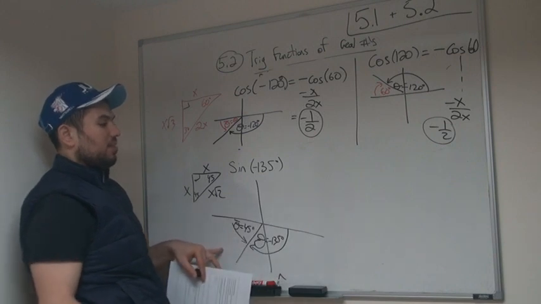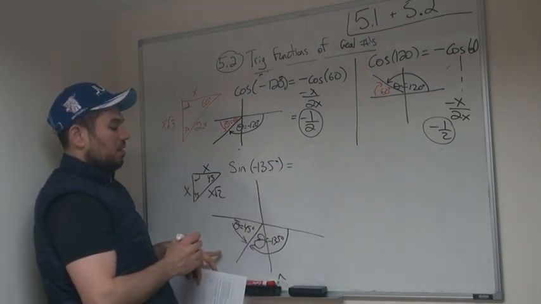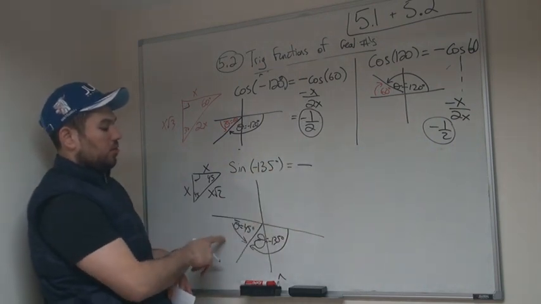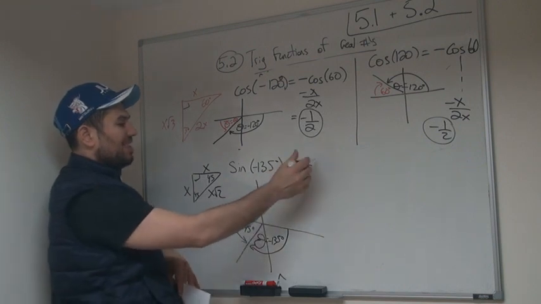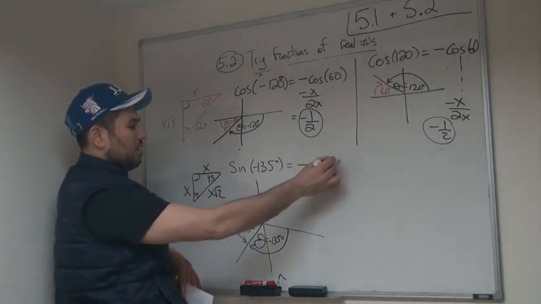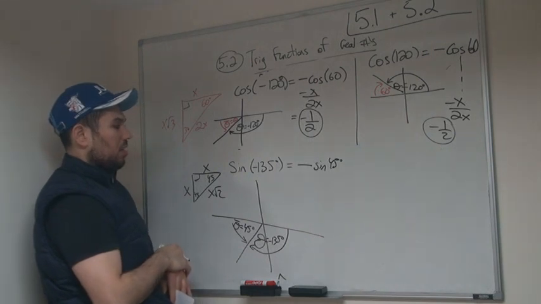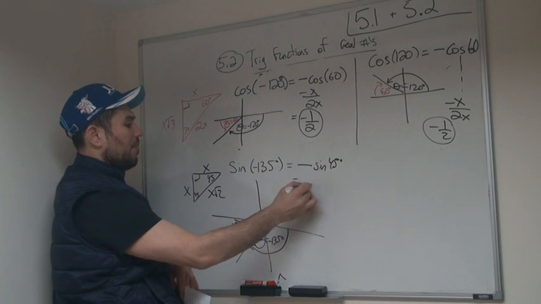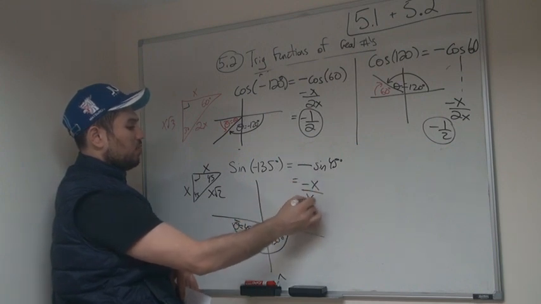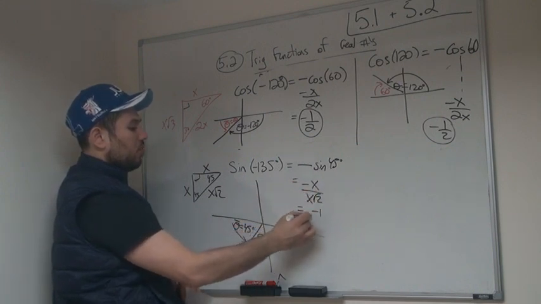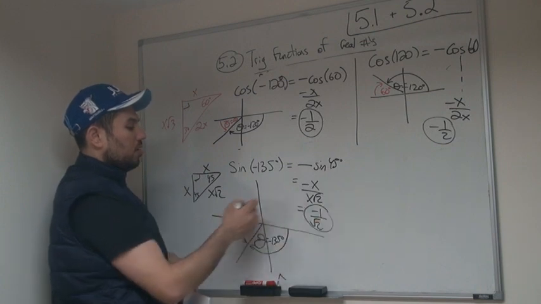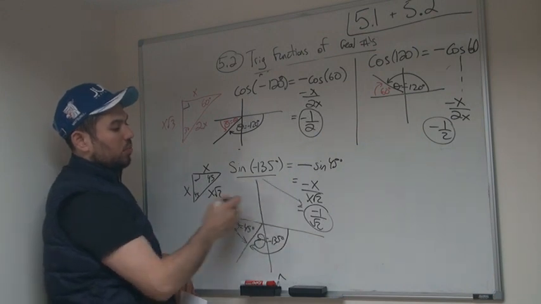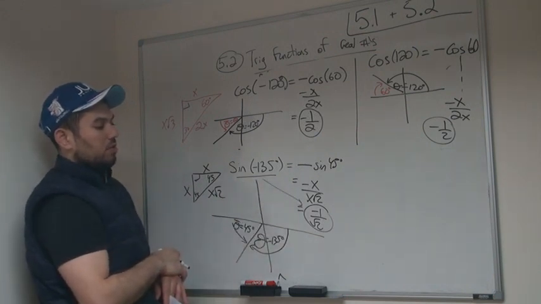Only tangent and its reciprocal cotangent are positive here. So sine would actually be negative in quadrant 3. It's equal to minus the sine of 45 degrees. And the sine of 45 degrees is x over x root 2, so it's minus x over x root 2, or minus 1 over root 2. So the sine of negative 135 degrees is minus 1 over rad 2.